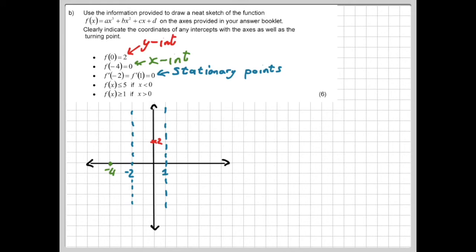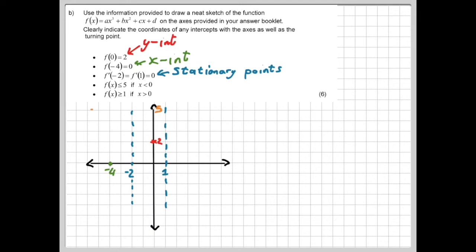But now I need to look at those last 2 bullet points. So first of all, it tells me f(x) is smaller or equal to 5. That gives me the y values are smaller or equal to 5 where x is smaller than naught.